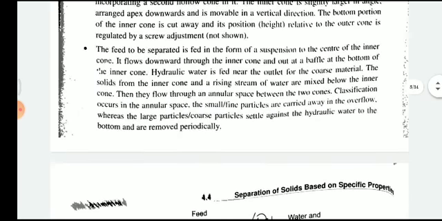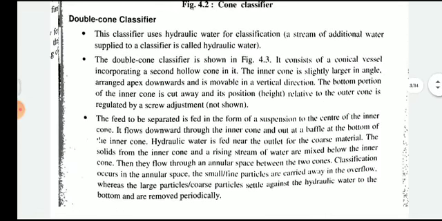The classifier uses hydraulic water for classification.